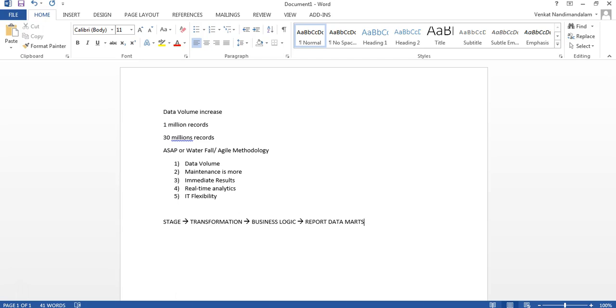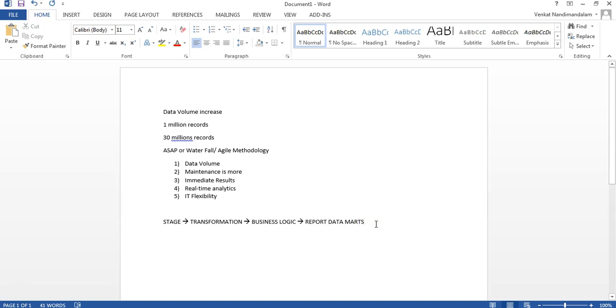So you are going to have so many layers before you transform your source data into properly analyzable data, which means if a customer comes with a change or a new requirement tomorrow, you have to modify all these layers. You have to modify your stage, then change your transformations, then change the business logic, and then execute everything so that they get the additional requirements in their final report data marts.